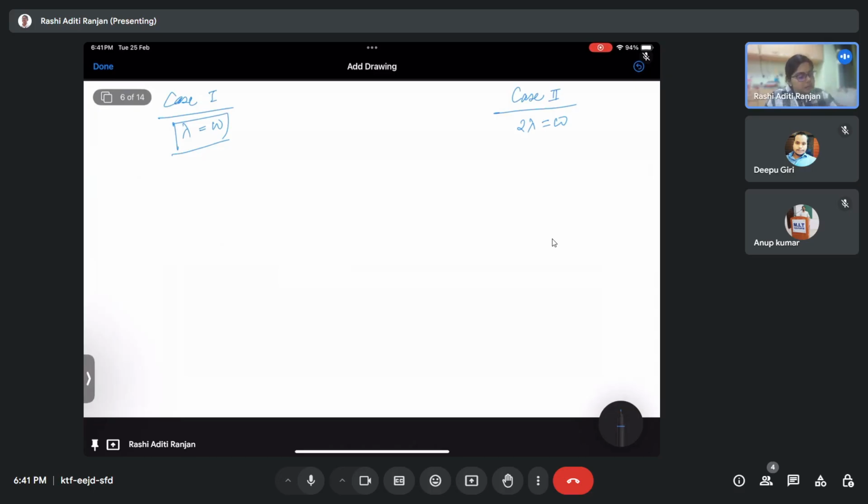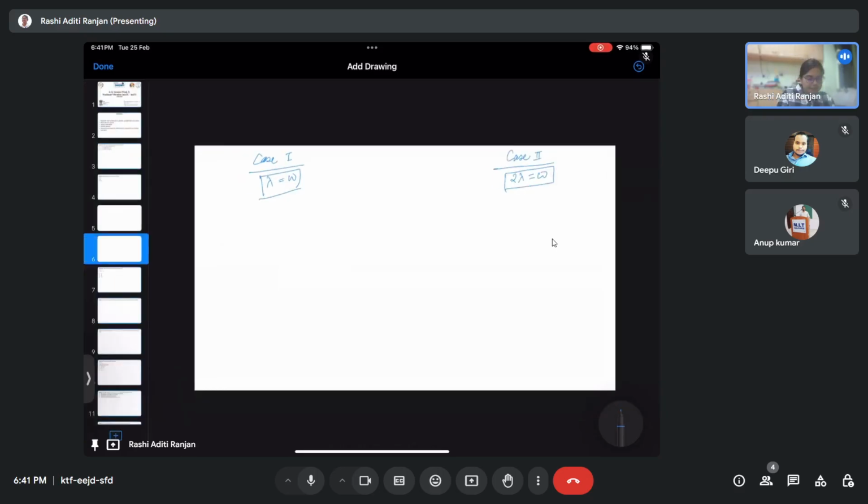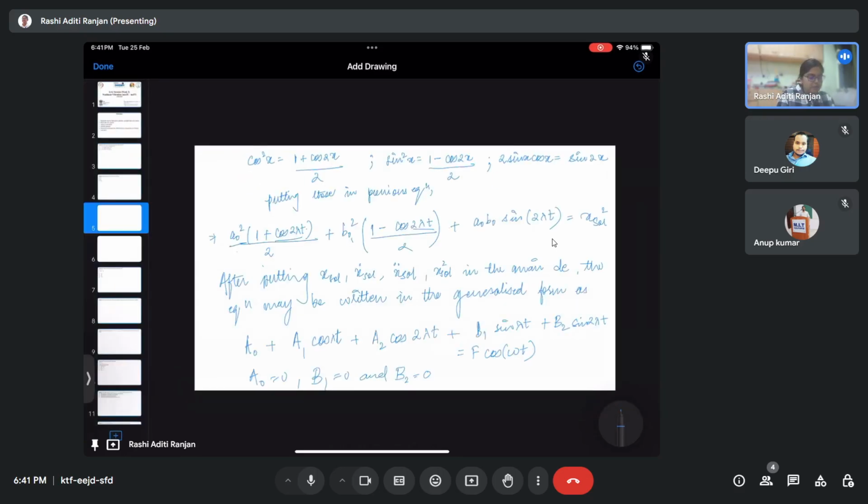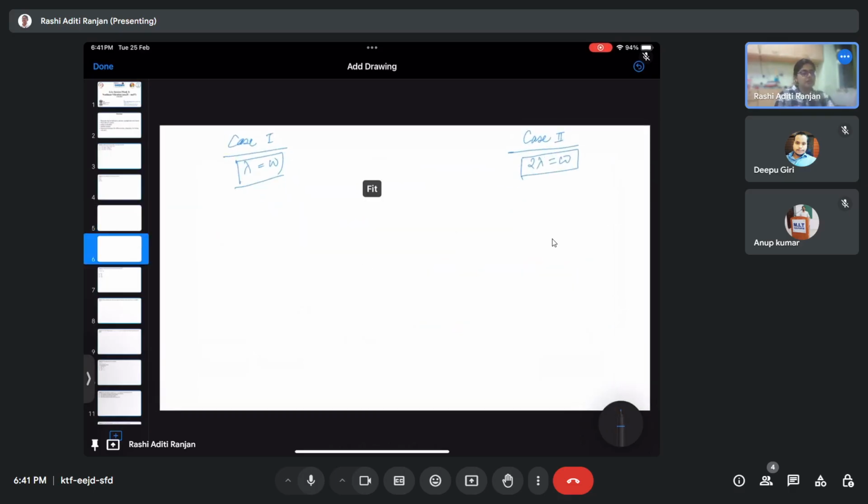But where is this coming from? If you see it clearly, this twice of lambda term was coming because of the x square term, which is essentially the nonlinear term of our equation, right? So here my lambda is going to be nothing but omega by 2.